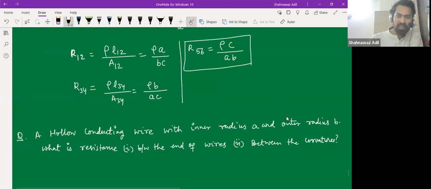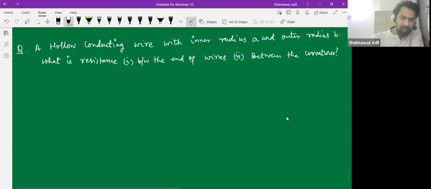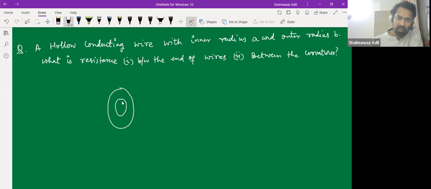Yeah, you got disconnected. So the question is, in this question, we have a hollow cylinder. So we have this cylinder, and then we have this, right? And then we have this one, right?